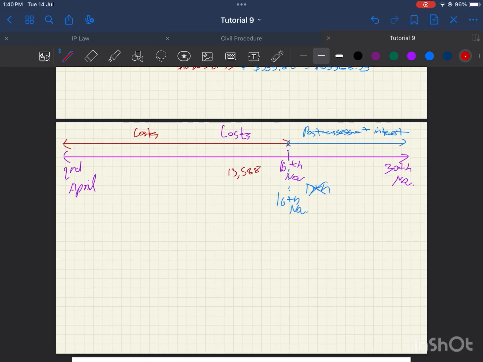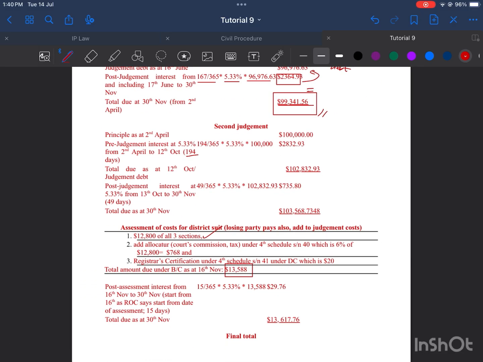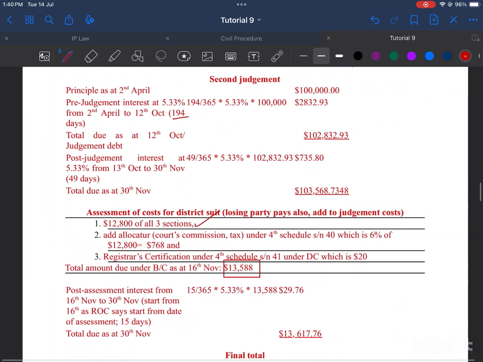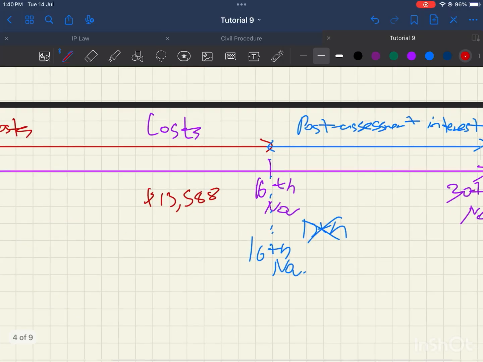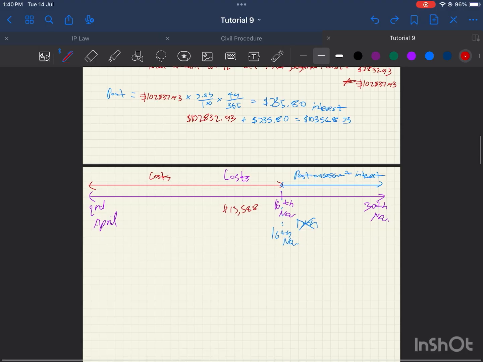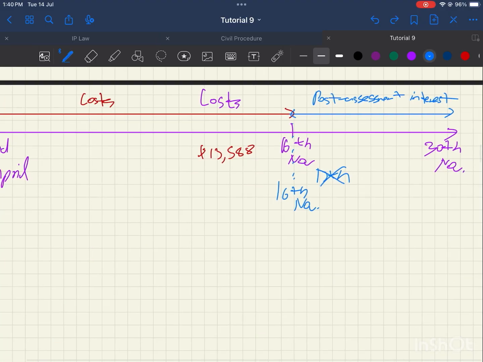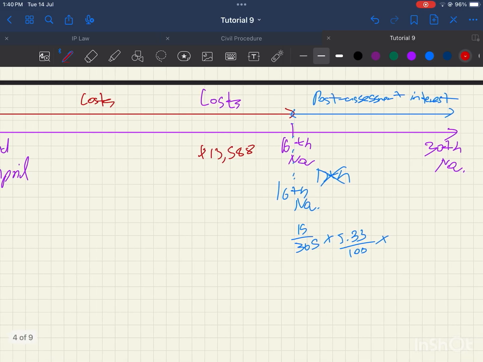Now for post-assessment interest, right? It's simple. The rules of court says that the assessment date actually starts inclusive of 16th November. So 16th November to 30th November is actually 15 days. So what we got to do is 15 over 365 times 5.33, because 5.33% interest rate is the standard for everything in the rules of court unless proven otherwise, times the principal amount of 13,588, which you should know by now is referred to as judgment debt.